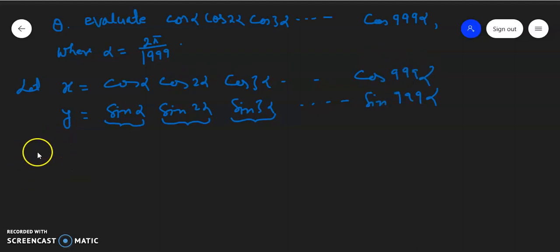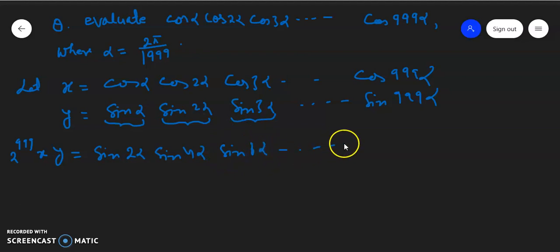So xy multiplied by 2 to the power 999 gives sin 2 alpha, sin 4 alpha, sin 6 alpha, and I keep going up to double of 999, that is sin 1998 alpha.